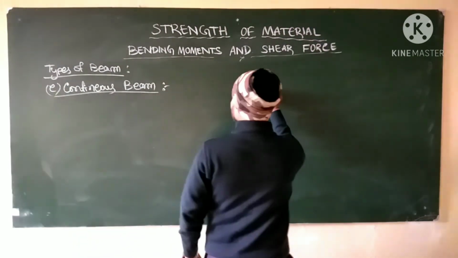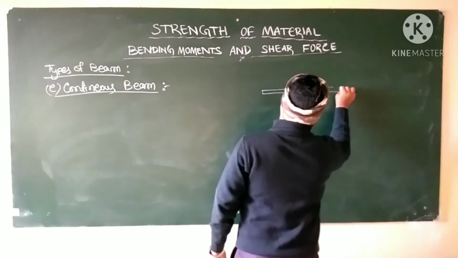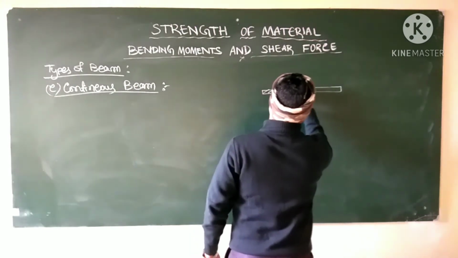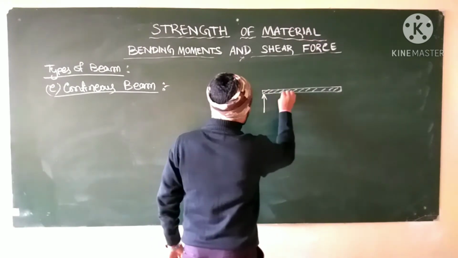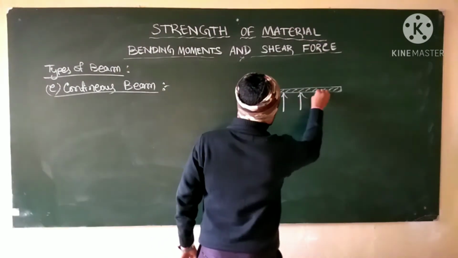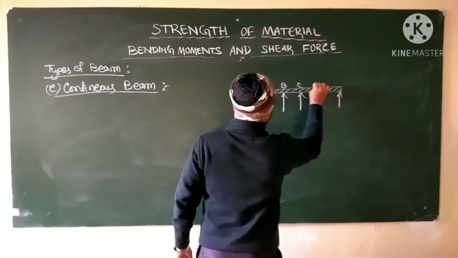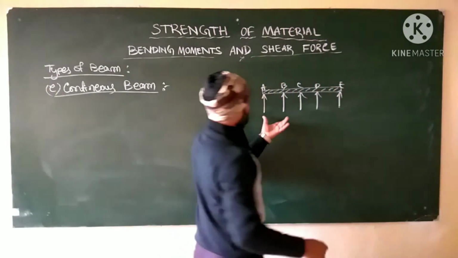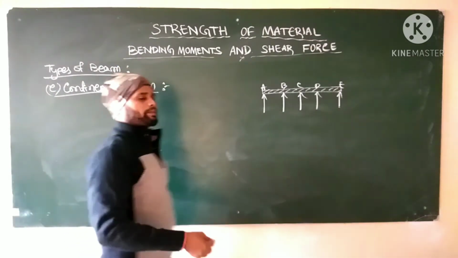So the figure of a continuous beam is here. See here, this is the beam. Here is one support, here another support, here another, and here another. A, B, C, D, E. If a beam has more than two supports, then you can say it is a continuous beam.